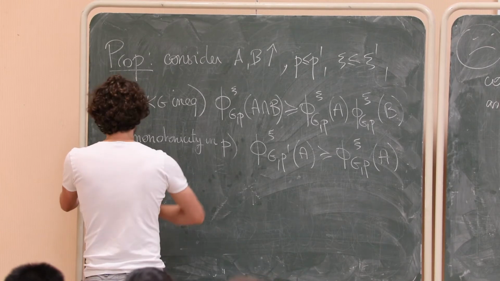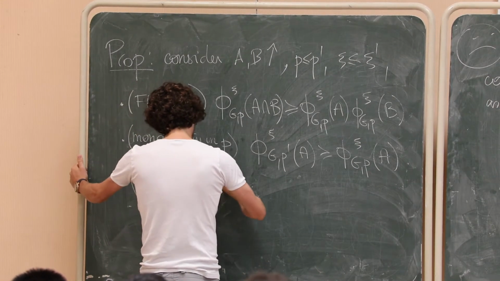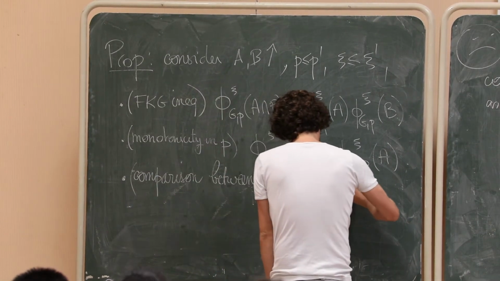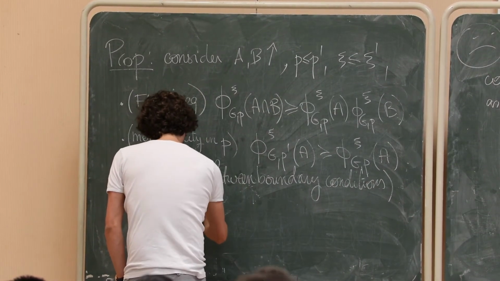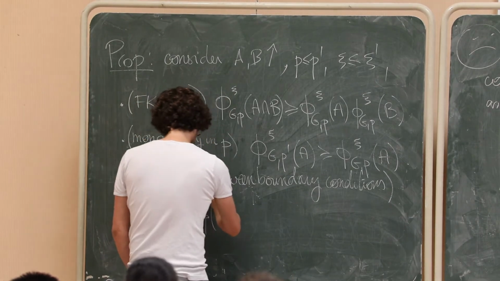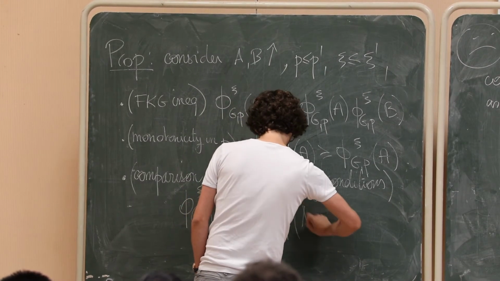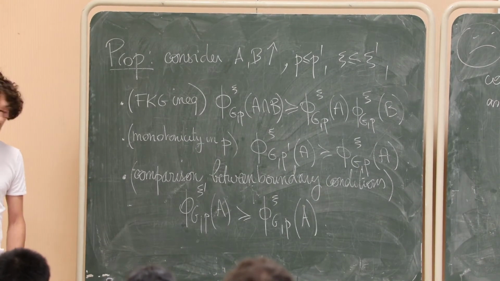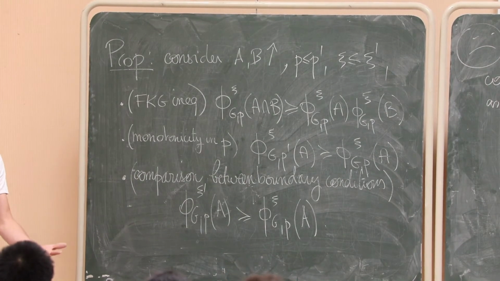And the last one is the comparison between boundary conditions, and it says that phi psi g p of A or phi psi prime g p of A is larger or equal to phi psi g p of A. So it tells you that the bigger the boundary condition, the bigger the probability of A. And this one is obviously true for Bernoulli percolation, since in this case you don't care about boundary conditions.